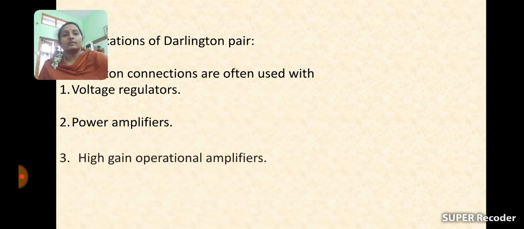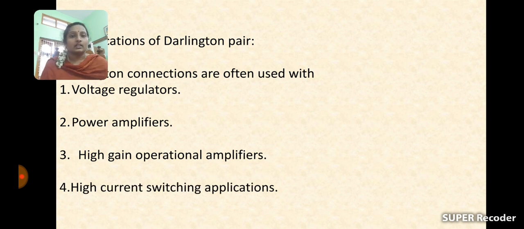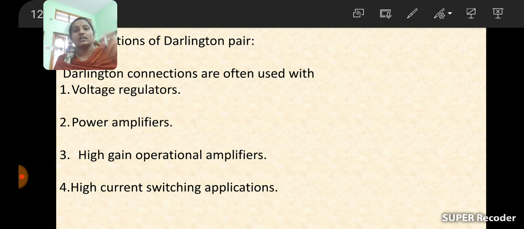And coming to the applications of the Darlington pair, applications means where we are using the Darlington pair circuit. So see here, the Darlington pair connections are used first in voltage regulators. Why? Because it provides high voltage gain. These are also used in power amplifiers, in high gain operational amplifiers, and in high current switching applications. Okay, the Darlington pair is also used in voltage regulators and power amplifiers, and in high gain operational amplifiers and high current switching applications.